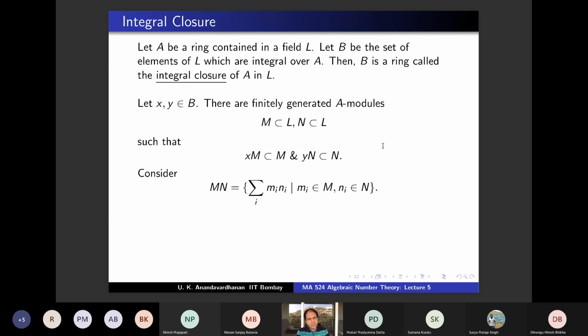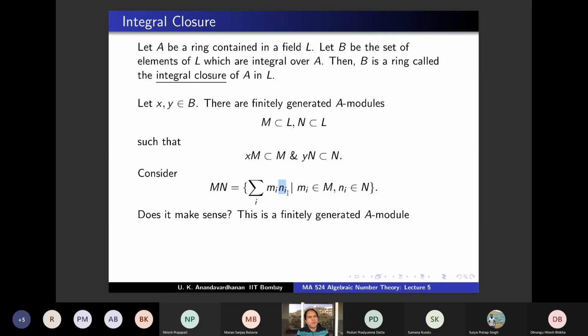And then this is, of course, a module. Once the definition makes sense, because we are inside a field, it is a finitely generated module. You are right. So if it is A[x] and A[y], then this will be a polynomial expression in x and this will be a polynomial expression in y.